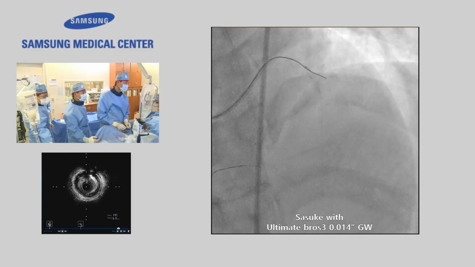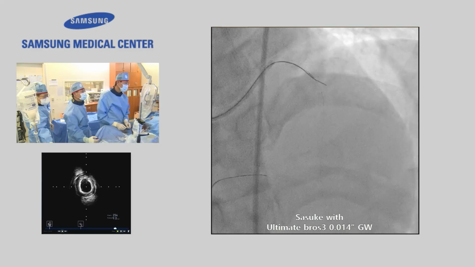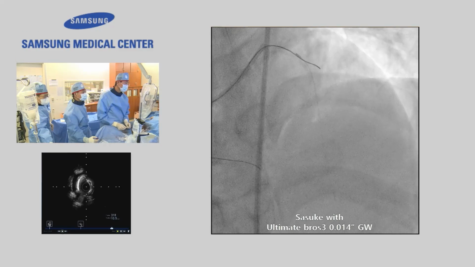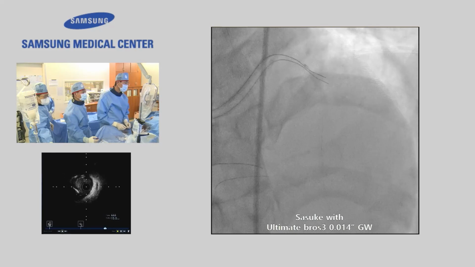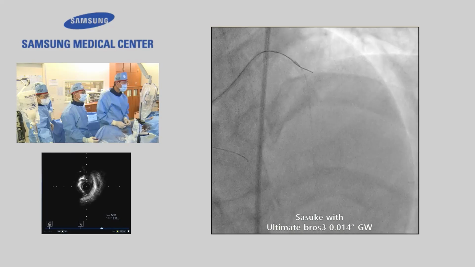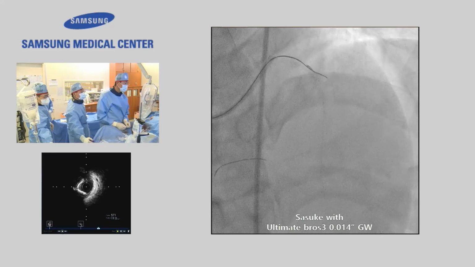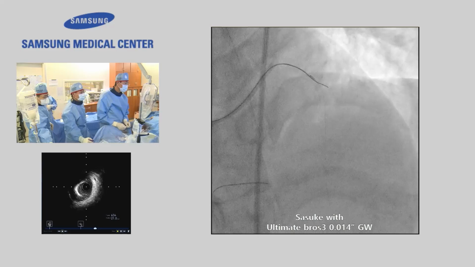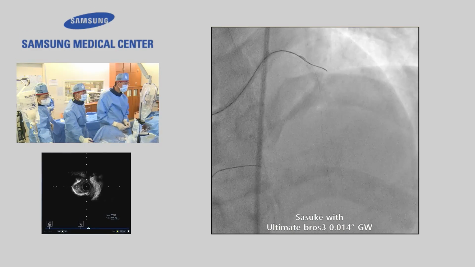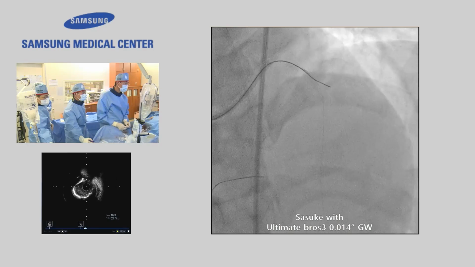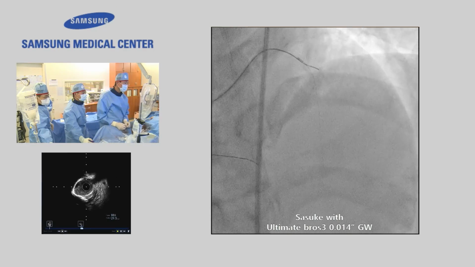Actually, the wire is not going down, facing down. No. I should have tried the lower position of the diagonal. Anybody can help me?